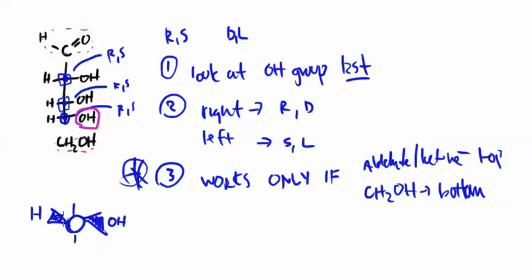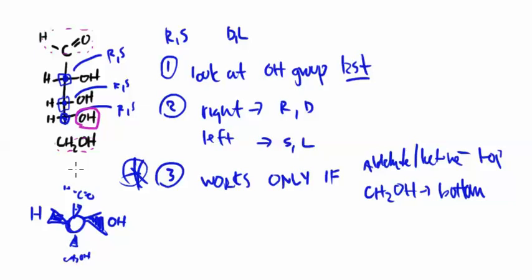The ones that point away from you, I'll just draw these dotted lines. That's a CH2 group and an aldehyde or ketone group. That points away. Once you structure that model the proper way, you can twist and turn it and figure out whether you have the R or S, D or L version. So it only works if the CH2 group is on the bottom and the aldehyde or ketone group is up at the top.